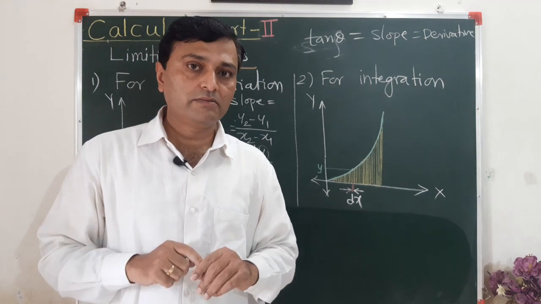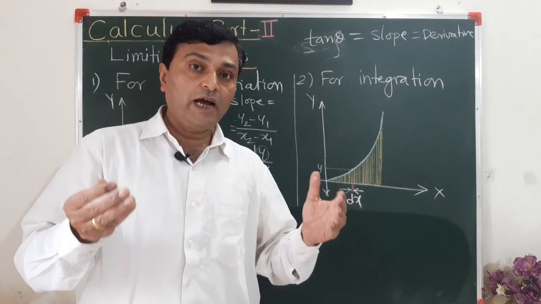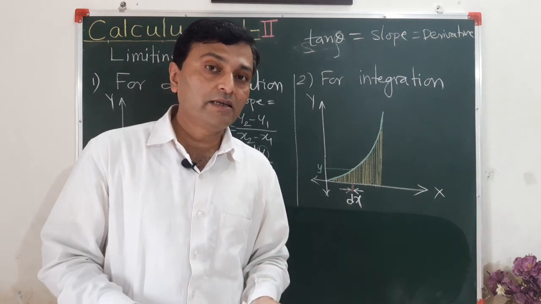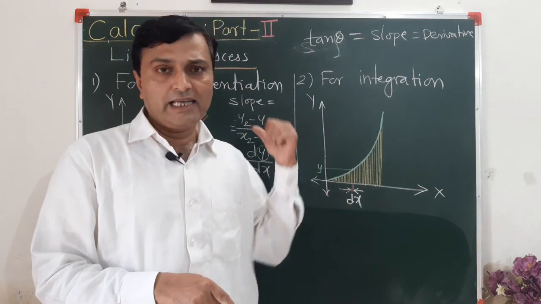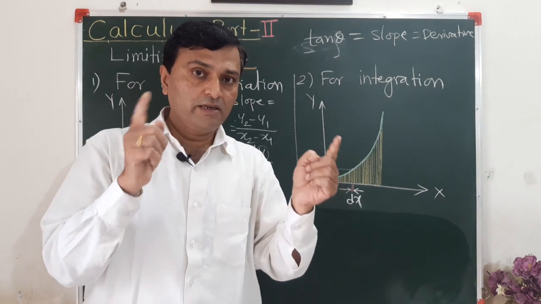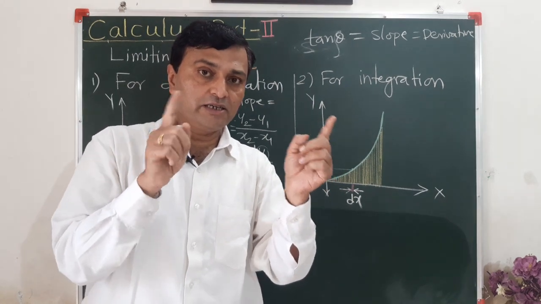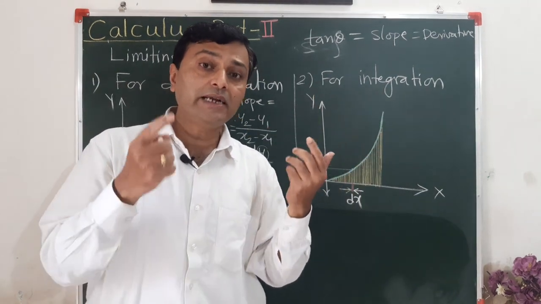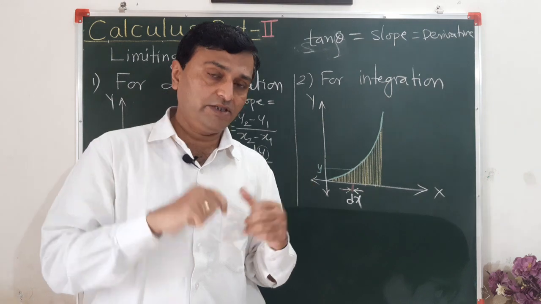That is derivative. Here we have to integrate. What to integrate? Integration is exactly opposite to differentiation. They are opposite processes. That's why integration is sometimes called anti-derivative or anti-differentiation.